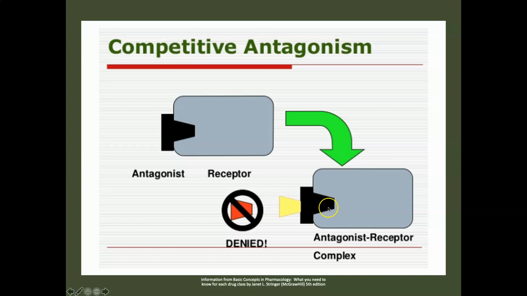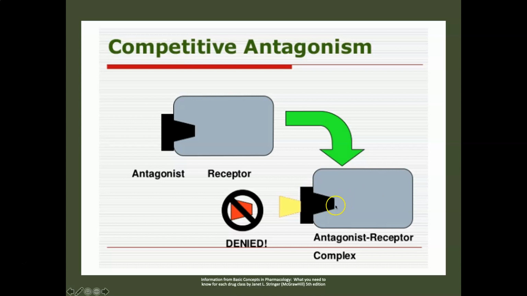So the yellow can't get in. The yellow needs to go find either another site on the receptor or another receptor. That's why if you increase the number of yellows floating around, you can get the response you want, right?